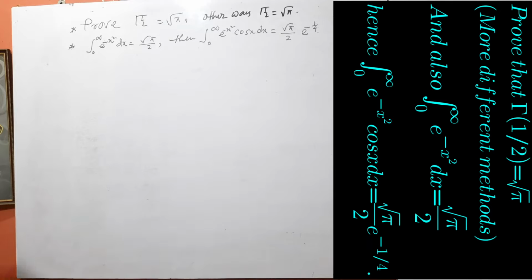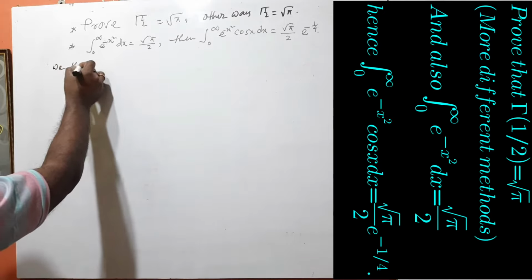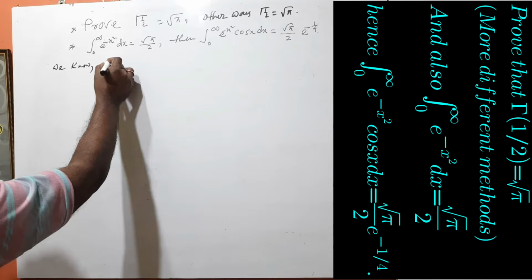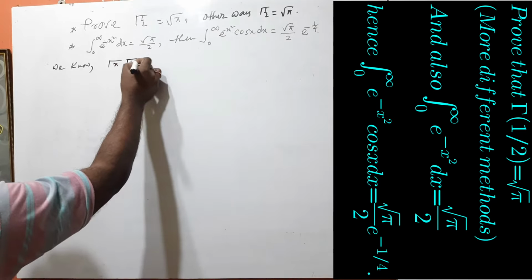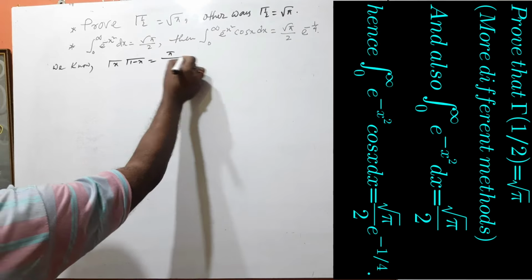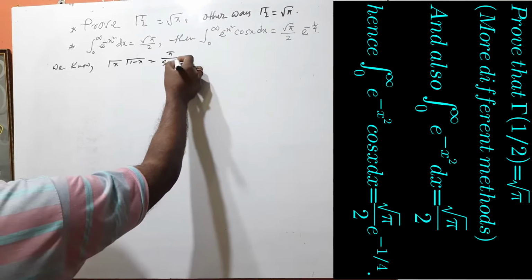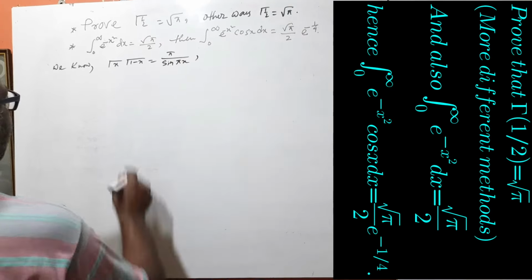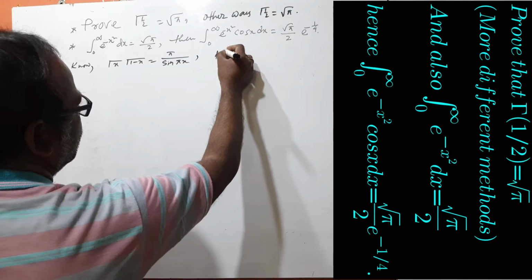For this problem, the gamma function: gamma x times gamma 1 minus x is pi over sine pi x. If x is equal to half, then you get gamma half.